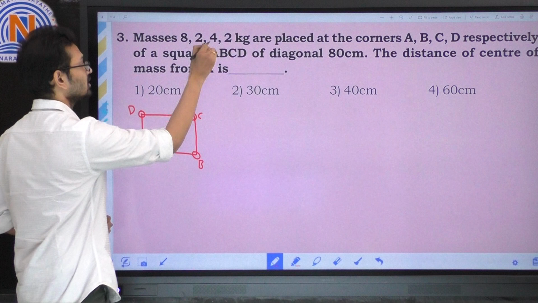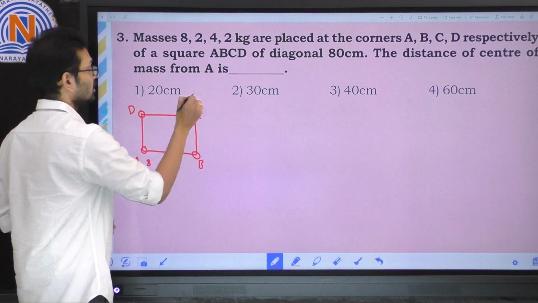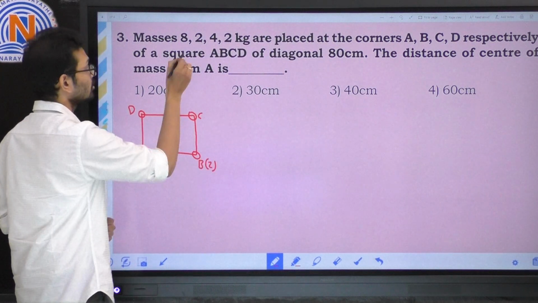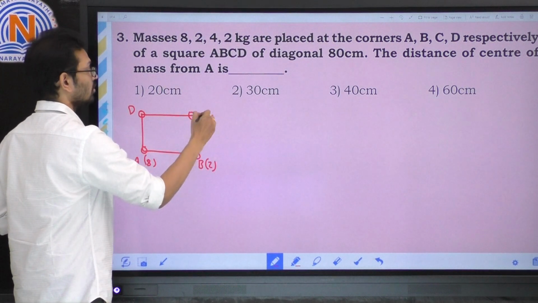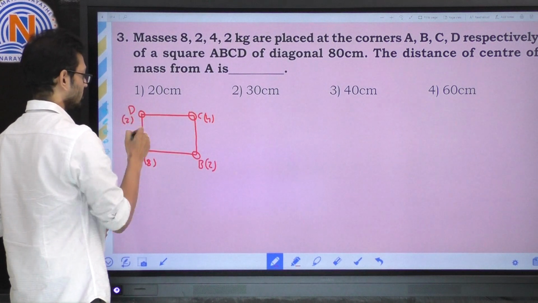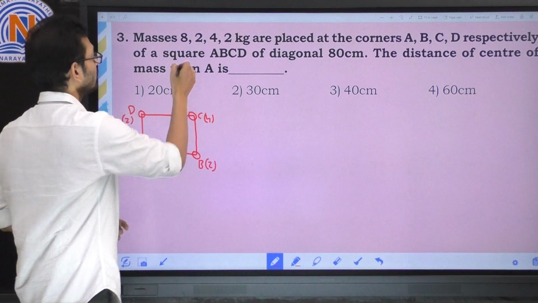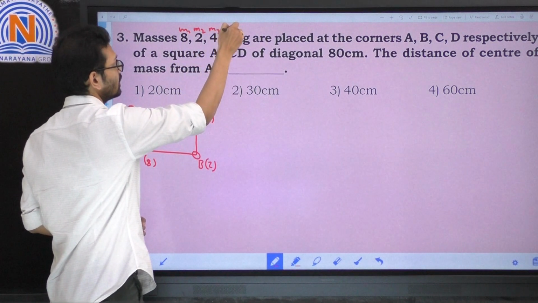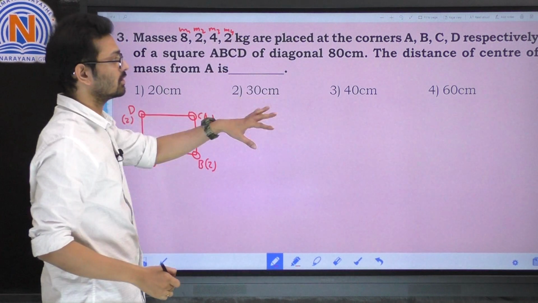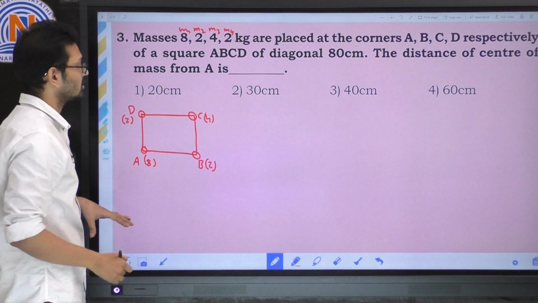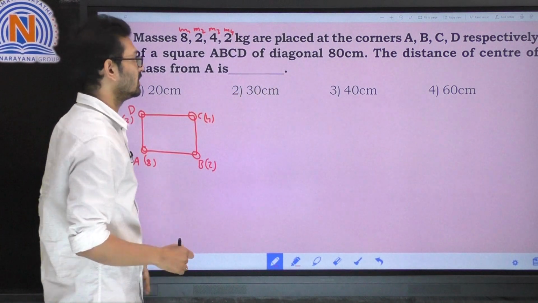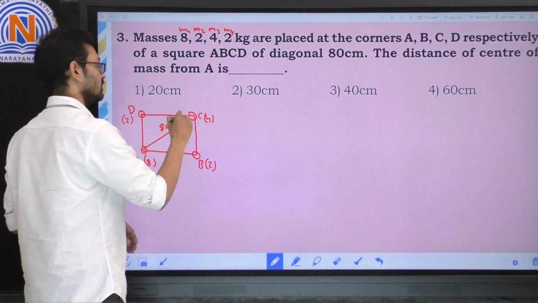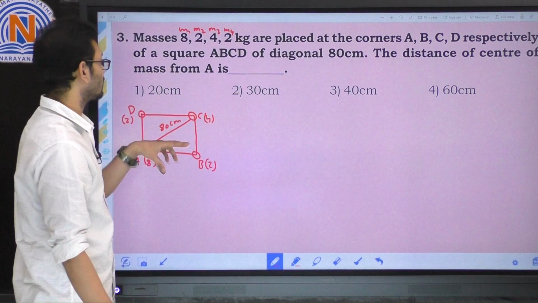Let us take the mass m1, which is 8, m2 is 2, m3 is 4, m4 is 2. So m1, m2, m3, m4 are placed at the corners A, B, C, D respectively. The square A, B, C, D has diagonal 80 centimeters. And now the distance of the center of mass from A.